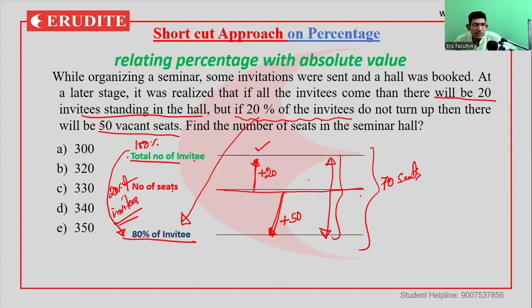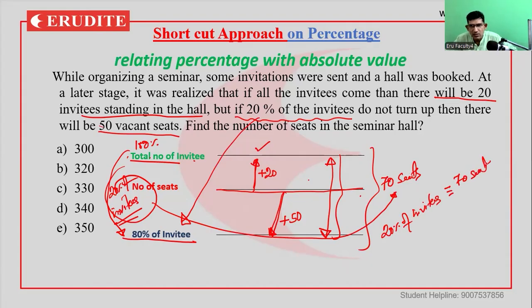So I can comfortably say that this 20% of the invitees is equivalent to 70 seats. So this way I can relate percentage with the absolute value. Now the job is simple. 20% means what? 1/5.